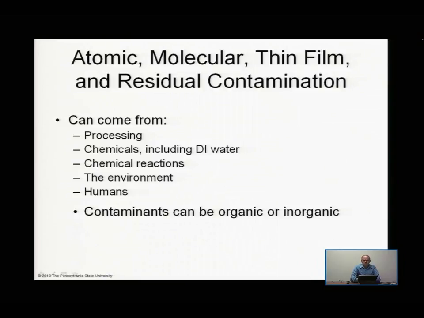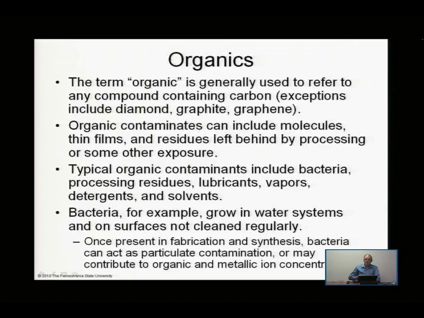And of course humans. And as I said, I've been incriminating humans a couple times here now, so I won't say anything more about that. I will mention, though, that contaminants can be organic or inorganic. And let's look into that a little bit further.